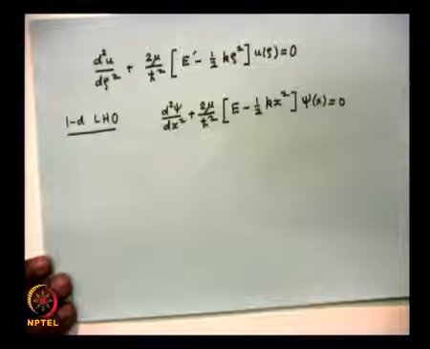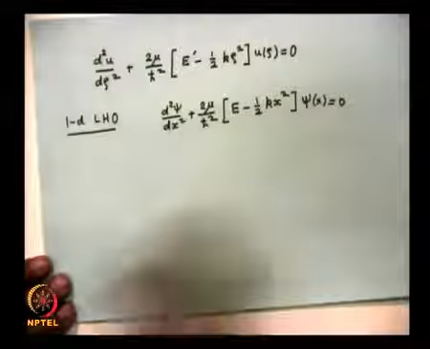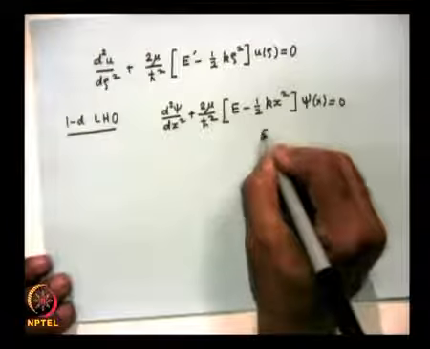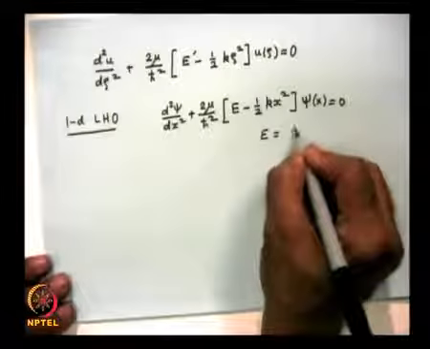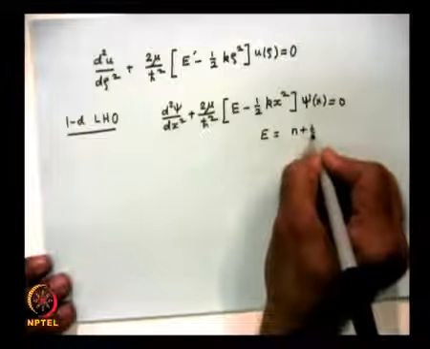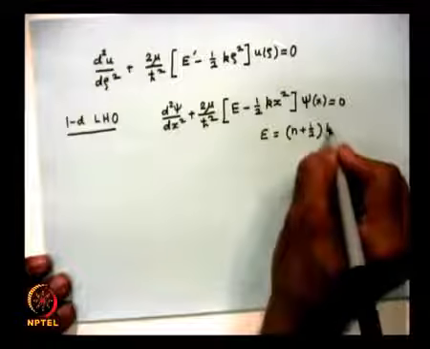So, it is identical, and therefore, we had obtained the energy eigenvalues of the problem as n plus half h cross omega.